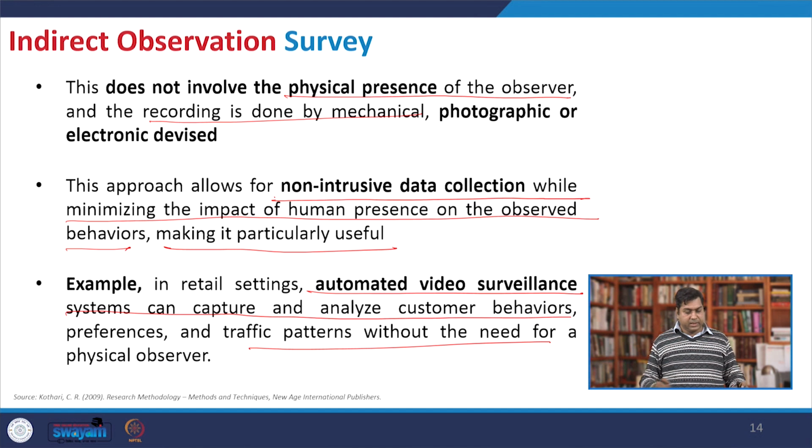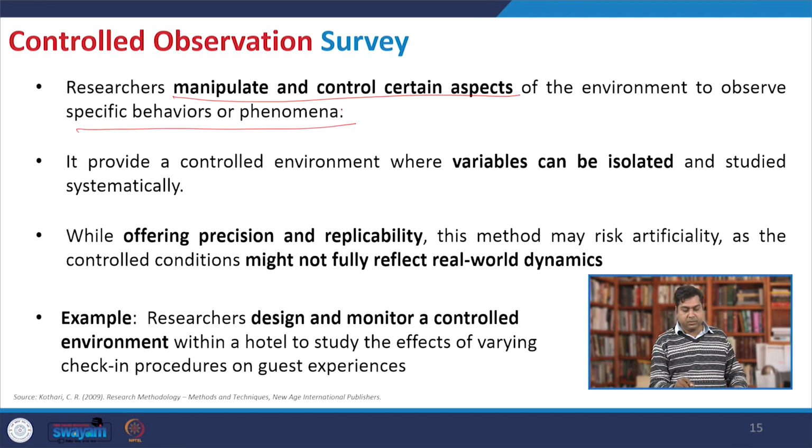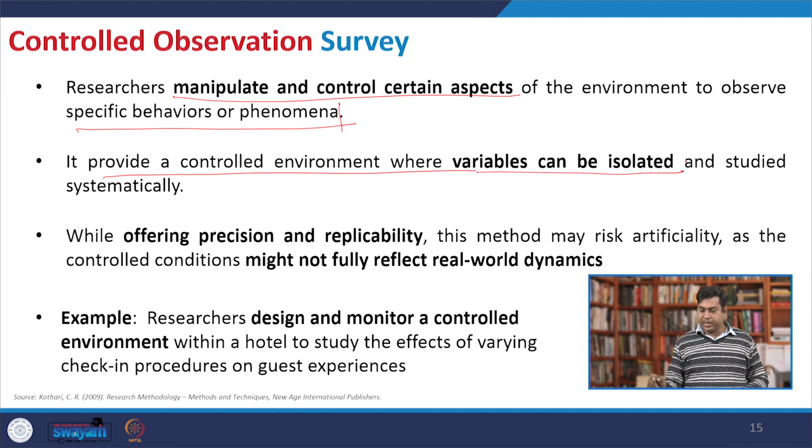So this is something that also can be done from indirect observation survey. Now coming to the controlled observation survey, researchers in this case manipulate and control certain aspects of the environment to observe the specific behavior and phenomena. What exactly is it? In this case, it provides a controlled environment where variables can be isolated and studied systematically.